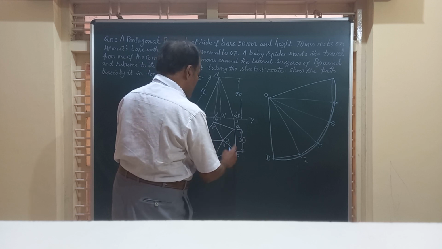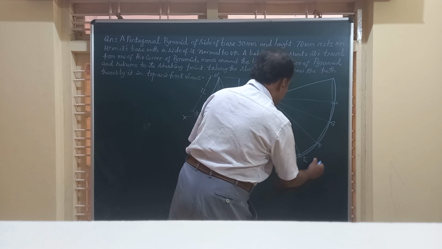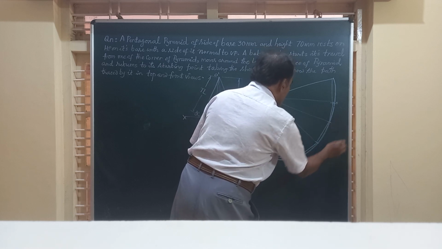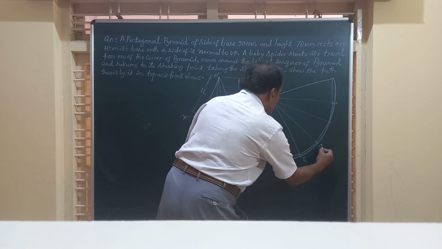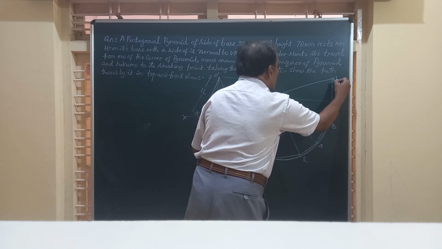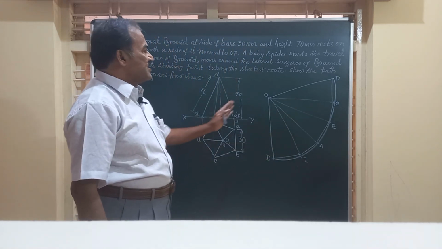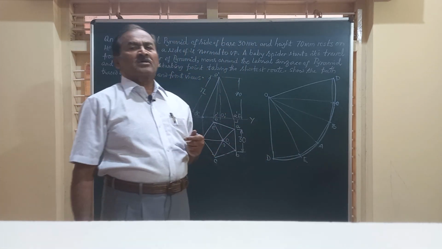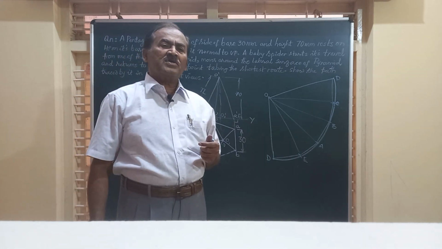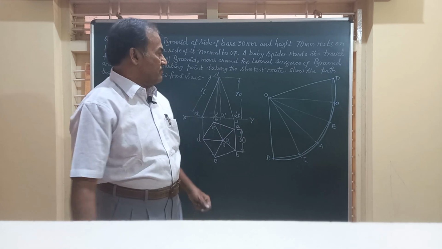A, B, C, D, E. Then after E, A, B, C and D, because the starting point and the last point should be the same. Friends, this represents the development of the pentagonal pyramid when it is not cut by any section plane.